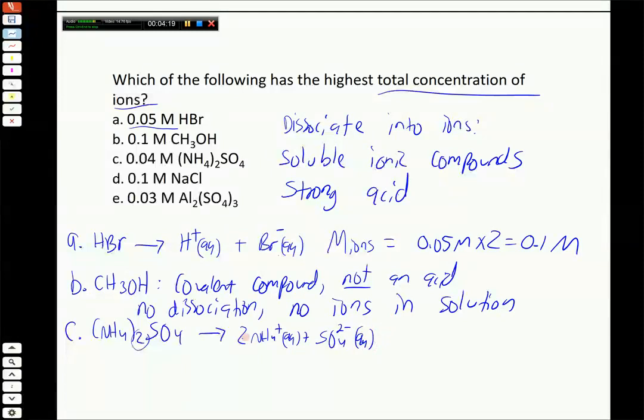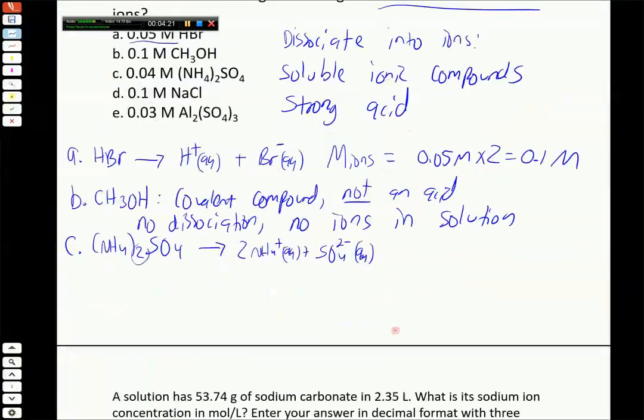So that means we had a total of 3 ions when this dissolves in water. So the molarity for all ions would be the molarity of the solute, which is 0.04 for choice C. And then we get 3 ions per mole of solute, so that's going to be 0.12 molar. So this one's a little bit higher than choice A, so far that's our highest concentration of ions.